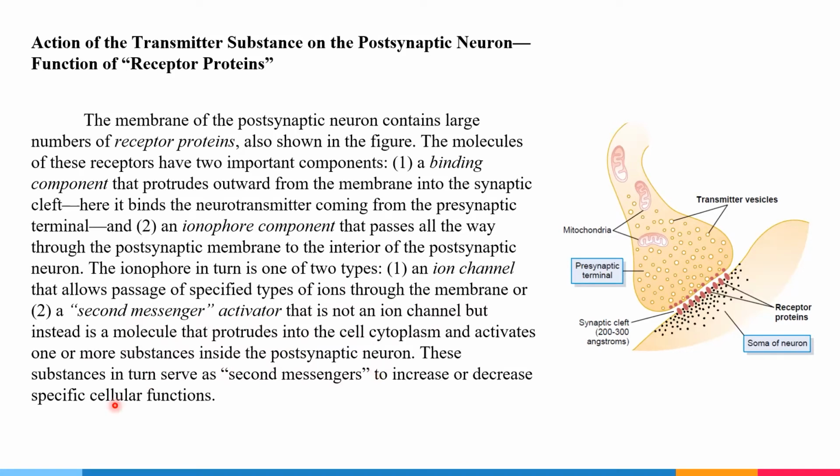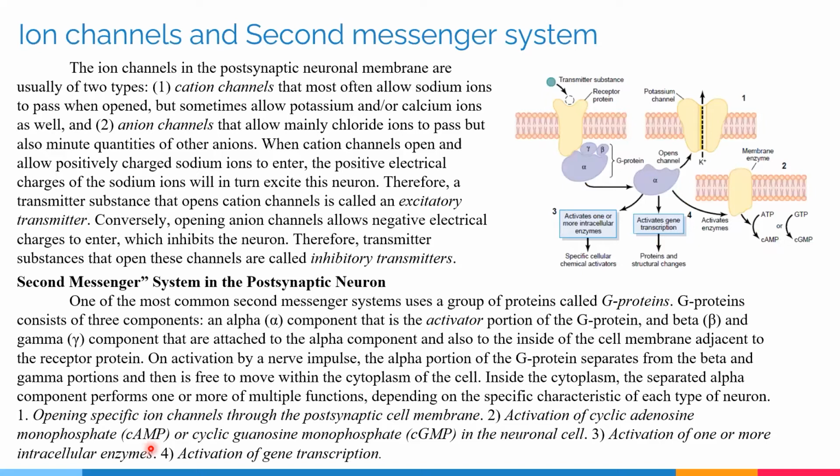These substances in turn serve as second messengers to increase or decrease specific cellular functions. Next, we will look into detail what exactly are these ion channels and the second messenger system.